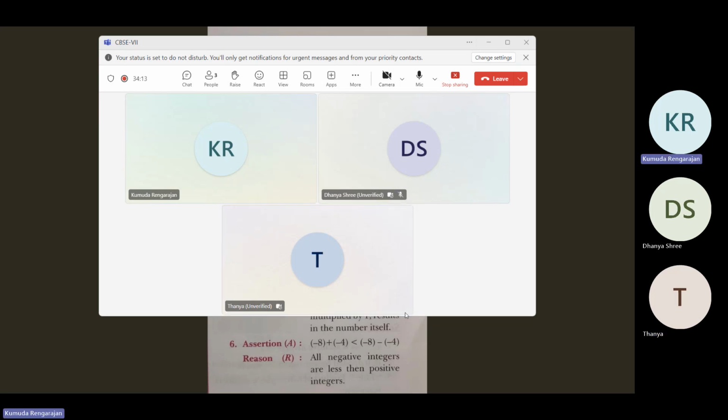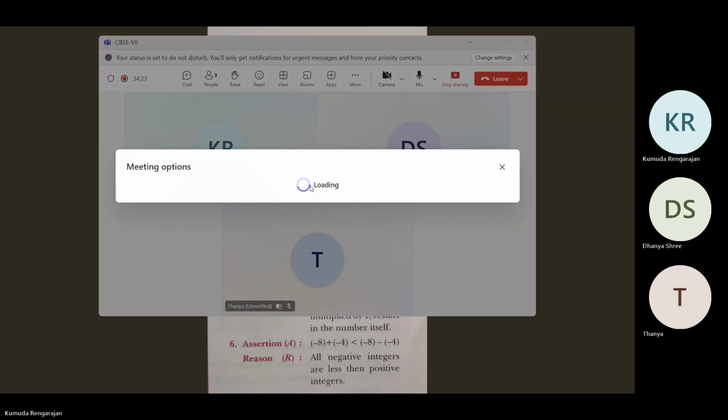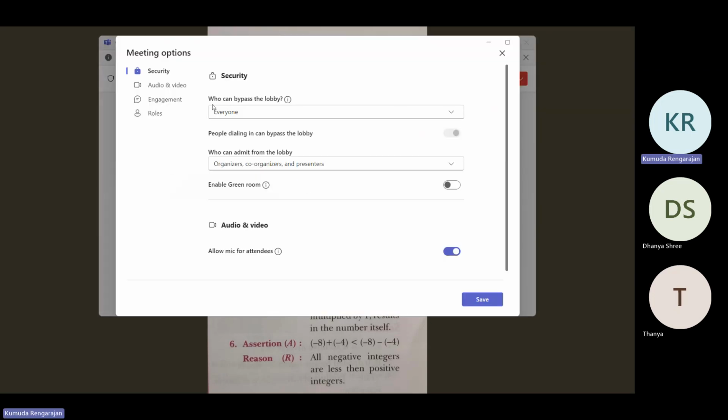No, ma'am. You can see, I've shared my screen. If there's somebody waiting in the lobby, my lobby is always enabled. I'll just show you the settings. Can you see here who can bypass the lobby? Can you read that, all of you? Yes. So anybody who has the link can just join the meeting directly.